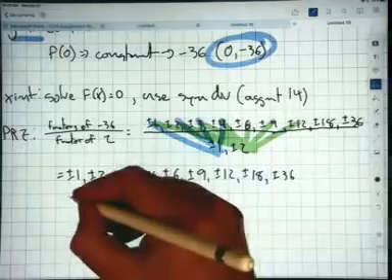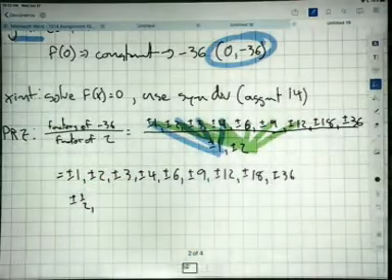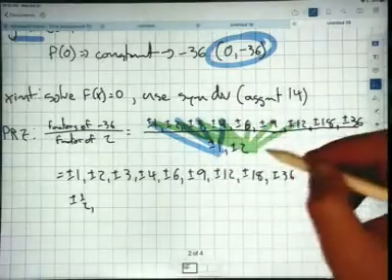1 divided by 2 is a half. 2 divided by 2 is 1.